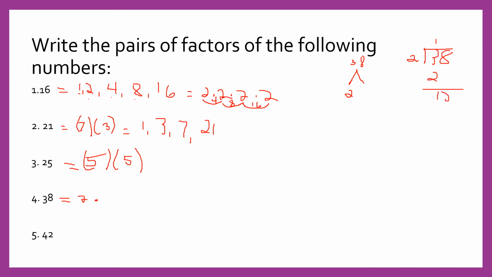So, 2 times 19. And then, what about 42? So, pwedeng 2 times 21. Kasi 21 times 2 is 42. And then pwedeng gumamit ng malaking dot, or pwedeng 6 times 7, because 6 times 7 is 42. Okay, gets? Next.